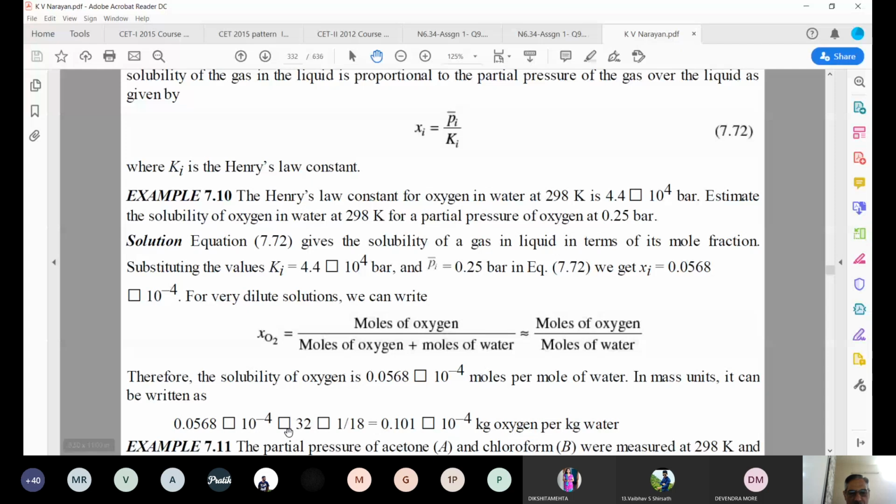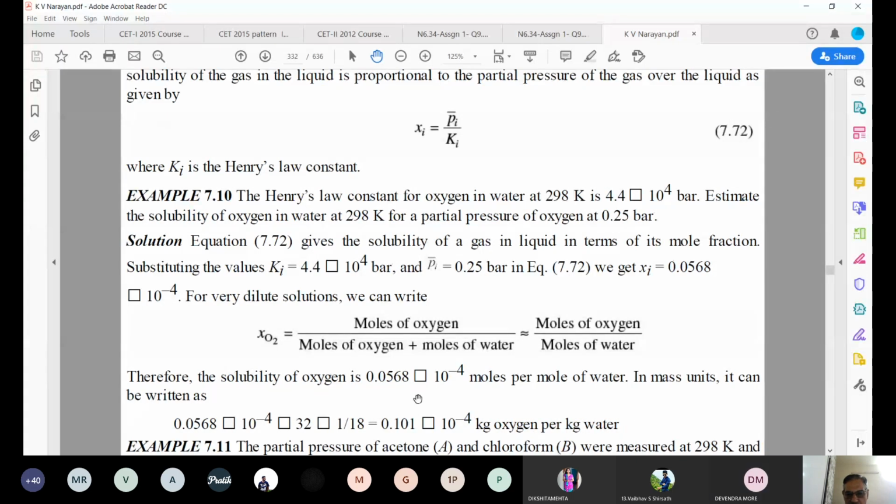So into 32 किया ऊपर में और नीचे में into 18 किया और डिवाइड बाई 18 किया, तो what you get is 0.101 into 10 to the power of minus 4 kg of oxygen per kg of water or grams of oxygen per gram of water.